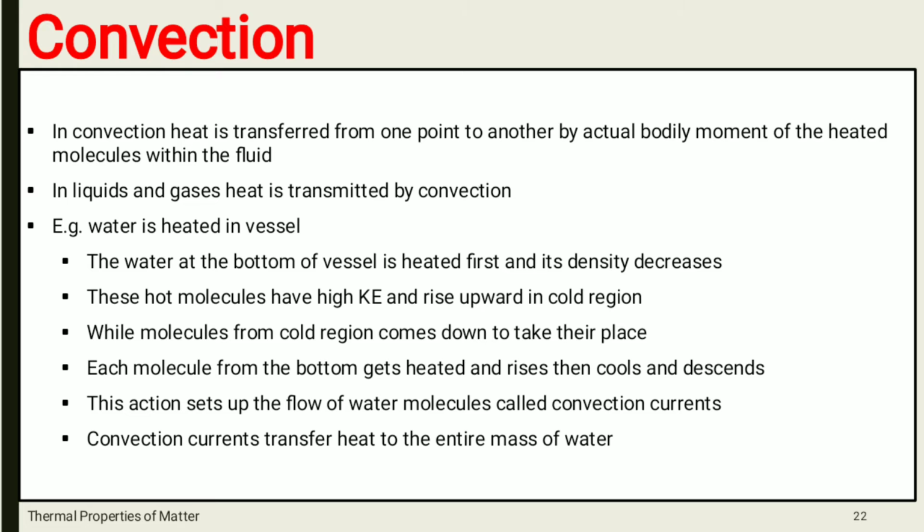Each molecule from the bottom gets heated and rises, then cools and descends. This process happens up to the point when the temperature of every layer of the water becomes the same. This action sets up the flow of water molecules called convection current.